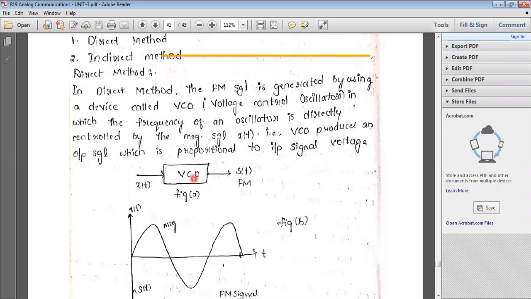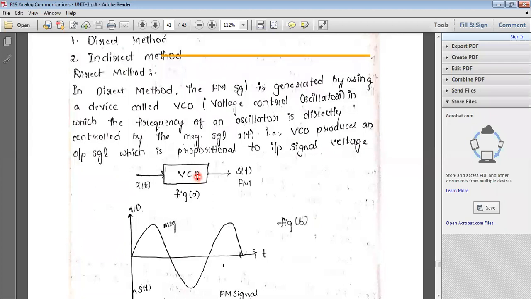Already you know the formula in both Hartley oscillator and Colpitts oscillator: f equal to 1 by 2 pi into root of LC. So the generated oscillator frequency must depend upon the values of the inductor and capacitor placed in the tank circuit. So in the VCO, internally we have a tank circuit, which is a combination of inductor and capacitor.